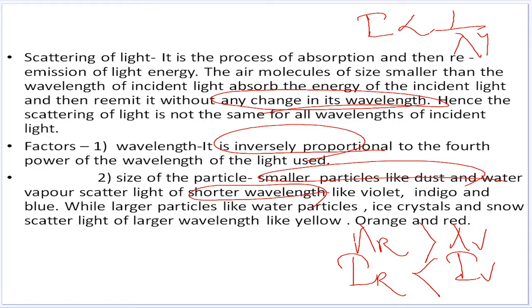The larger particles like water particles, ice crystals, snowflakes scatter light of larger wavelength like yellow, orange and red. So smaller particles scatter light of shorter wavelength like violet, indigo, blue, and larger particles like water molecules suspended in the sky in the form of clouds, ice flakes, ice crystals scatter light of larger wavelength like orange and red.